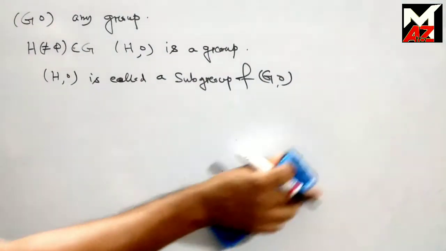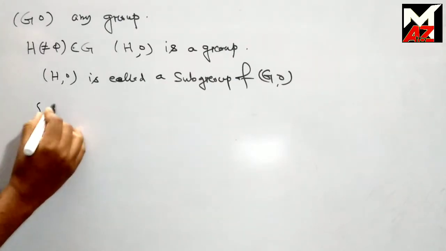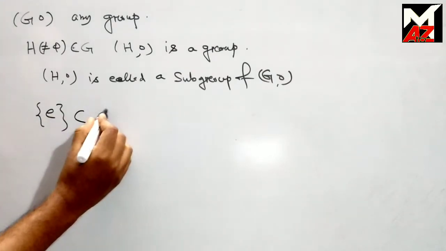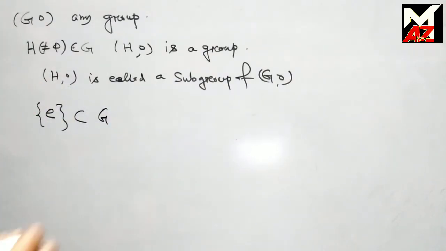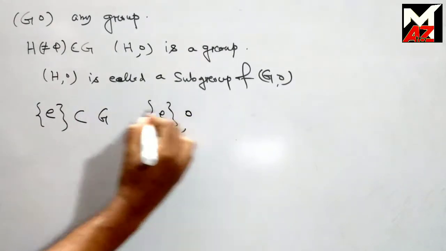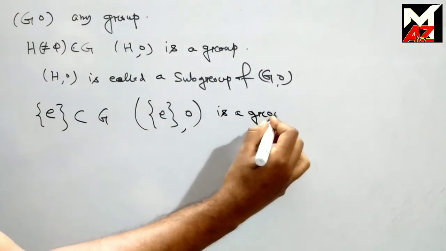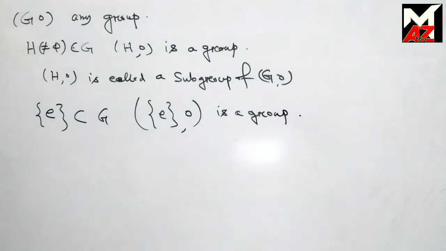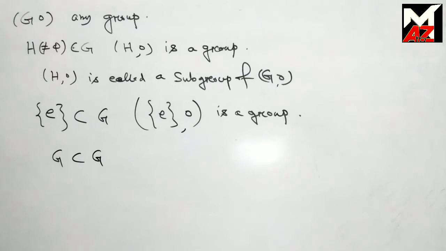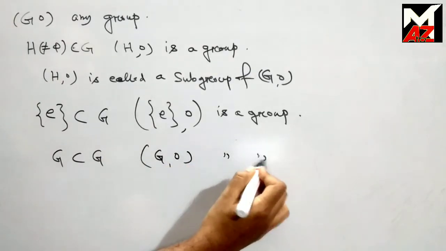Now we know that if we take only the identity element in a set, then this is a subset, and this subset together with the composition is a group. Also, G is itself a subgroup of G. So, G circle is a group.